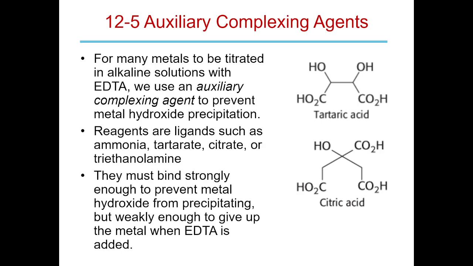Both of them would be very effective. They must bind strongly enough to the metal hydroxide to prevent precipitating, but weakly enough that they can give the metal up to EDTA. So they have to be a moderate one, right? This is citric acid, by the way, and yes, citrate, citric acid, as in fruit. Okay.